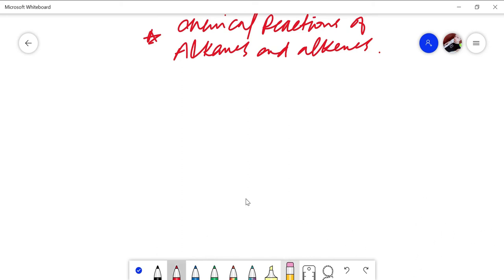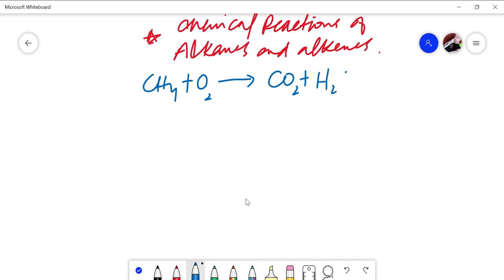So I'm taking methane. Keep in mind, combustion is for both alkanes and alkenes, whether complete or incomplete. Methane in the presence of oxygen will give you CO2 and water.